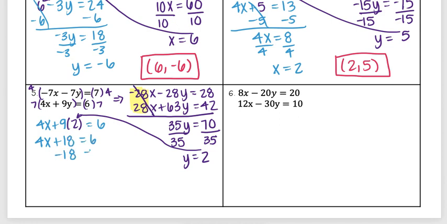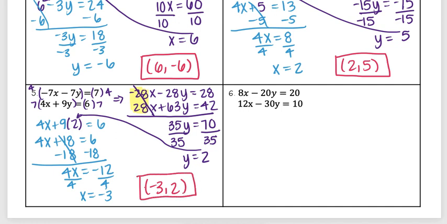Subtract 18 from both sides. Nope, not -8, -12. And then divide both sides by 4. So I have my x, I have my y, and I can put those together to put my answer as an ordered pair.